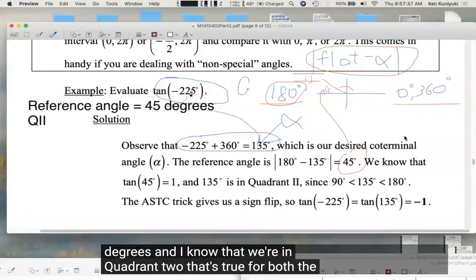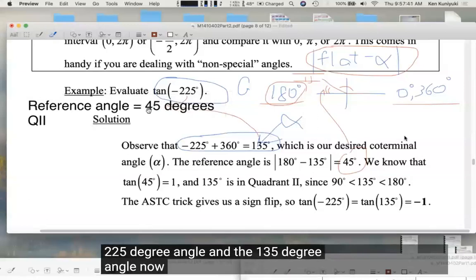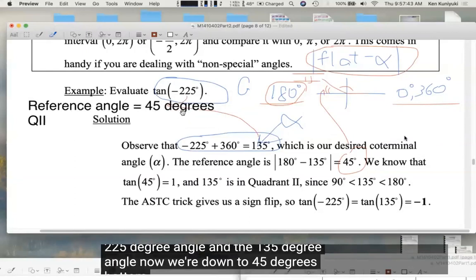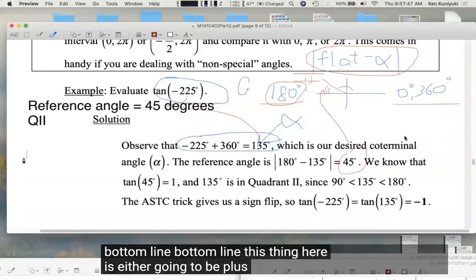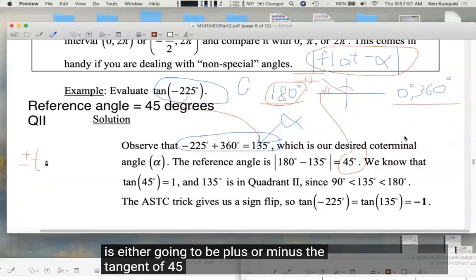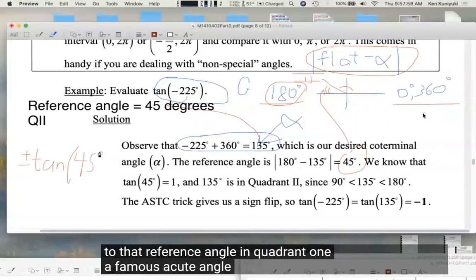That's true for both the negative 225 degree angle and the 135 degree angle. Now we're down to 45 degrees. Bottom line, this is either going to be plus or minus the tangent of 45 degrees. We're getting down to that reference angle in quadrant 1, a famous acute angle.